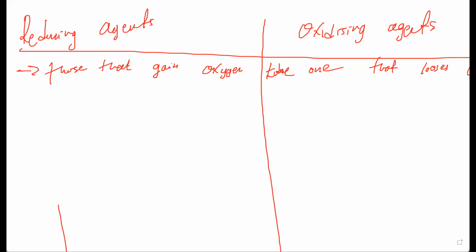When you see a reaction whereby there's loss of oxygen, just know that the one which lost oxygen is an oxidizing agent because it gave away oxygen. In other words, they're called givers of oxygen, okay?